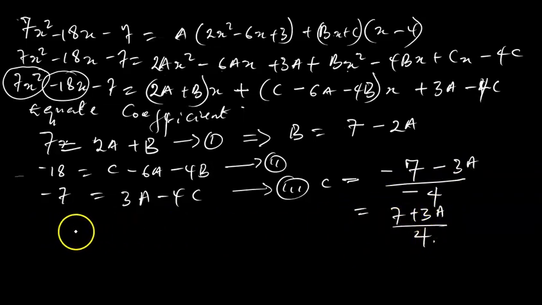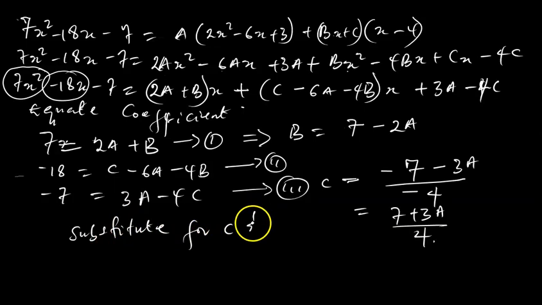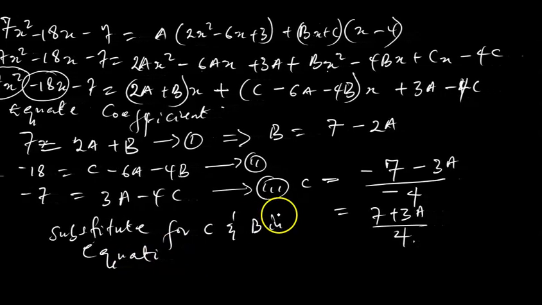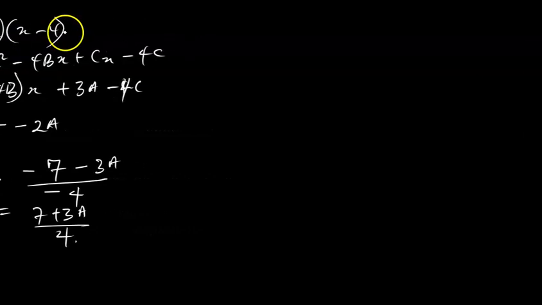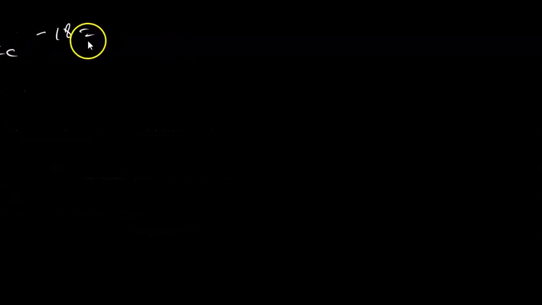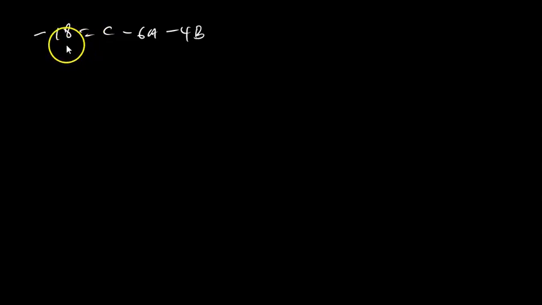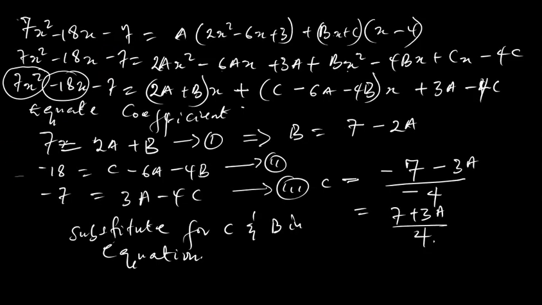Now we're going to substitute for c and b in equation 2. Let me just repeat this. Equation 2 says minus 18 is the same thing as c minus 6a minus 4b. We're going to substitute for b and for c.